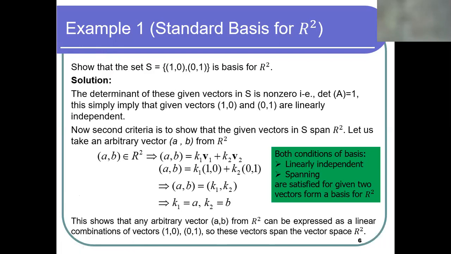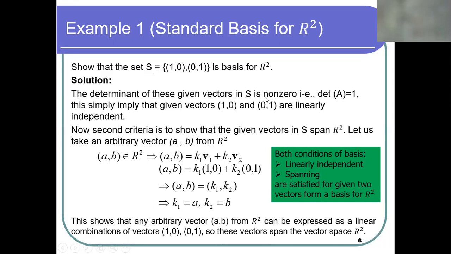Moreover, this set consists of vectors from the two-dimensional vector space R², so it must span R². I mean to say, if you take any arbitrary element from R², it can be written as a linear combination of these vectors, and all the k1, k2 values will be in the form of this arbitrary element of the vector space. Here the vector space is R².